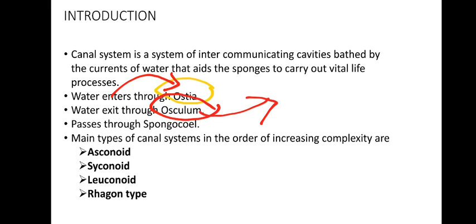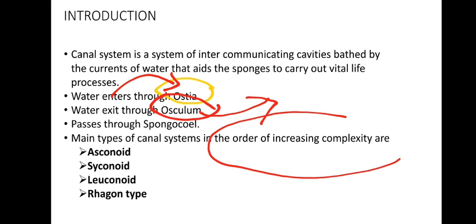In the order of increasing complexity, we have 3 plus 1, basically 3 types of canal system: asconoid, syconoid, leuconoid. So we are going in a series of complexity.